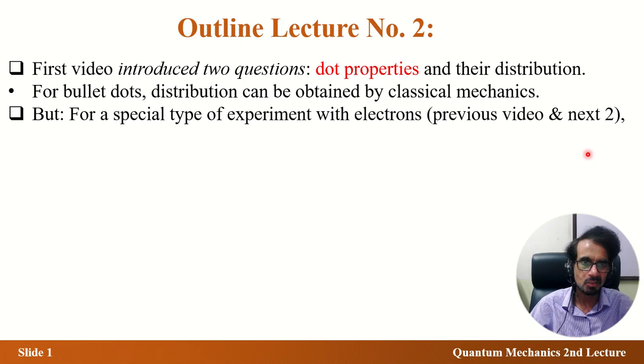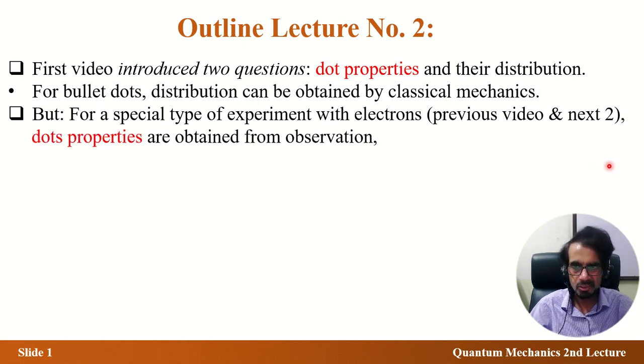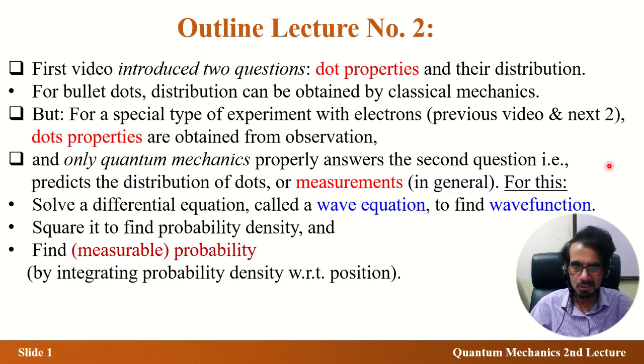Means for electron or photon, as far as present physics is concerned, the distribution must be given by quantum mechanics.